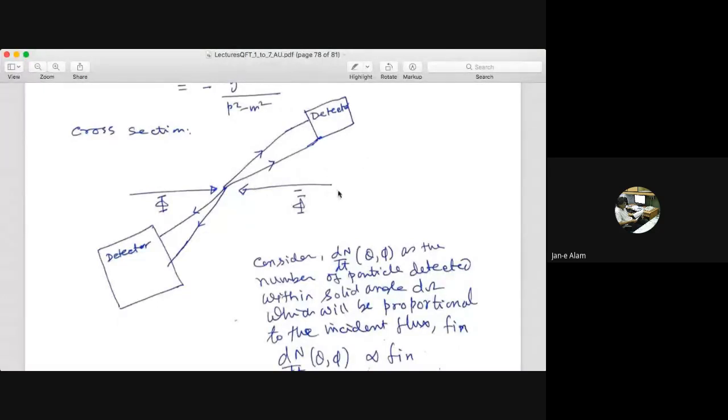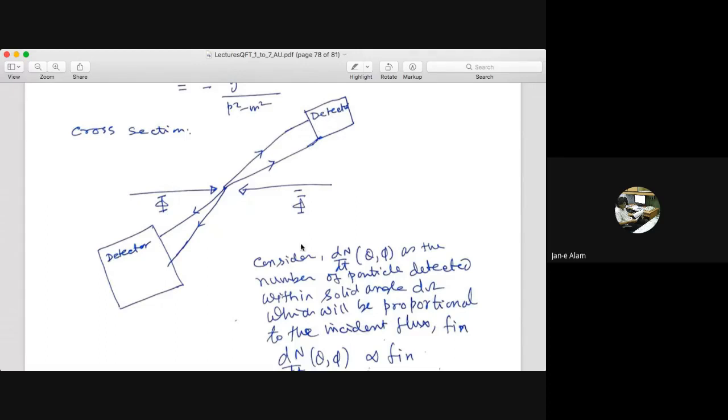Consider the case where there is zero flux: no particle you will be getting there because there is nothing to collide. If the incident flux is very large, by flux you mean the number of particles coming per unit area per unit time, there will be a lot of interactions, and as a consequence they will interact and give you more particles per unit time in your detector at theta phi.